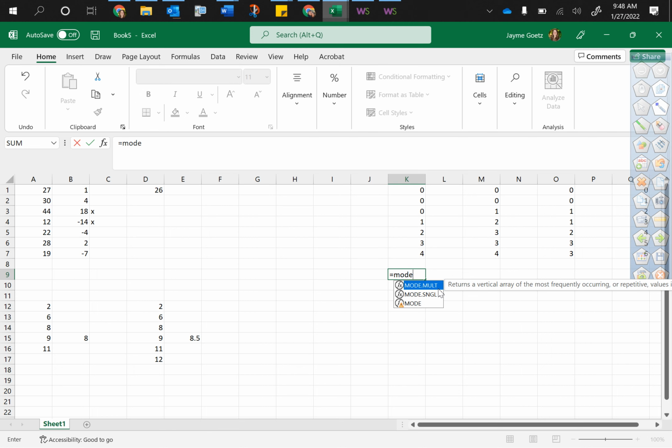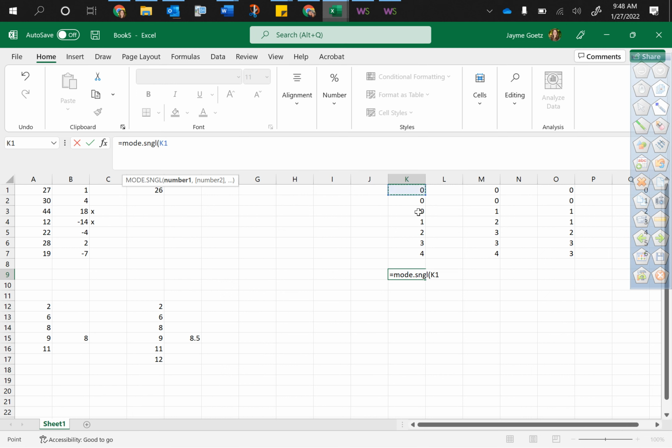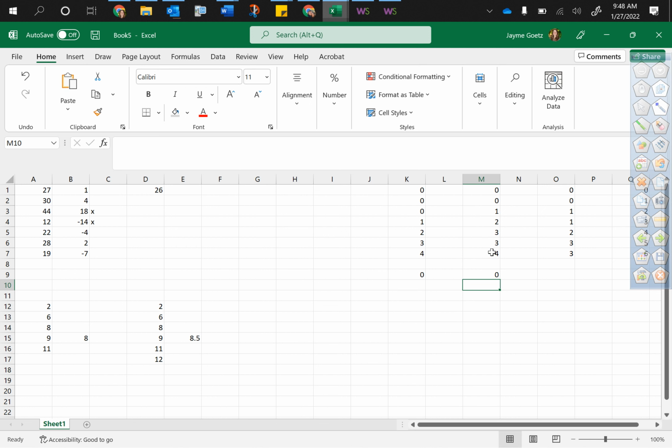Be very careful here because if you type in mode.sngl, and then select your data value, it's going to work for that first set because it's going to give back only one mode, hence the mode single. But if I do this for the second data set, we know there should be 2 modes, and it's still only giving me back that first mode that I find.